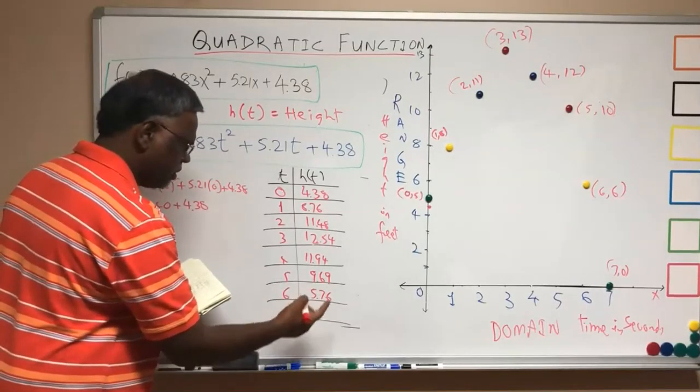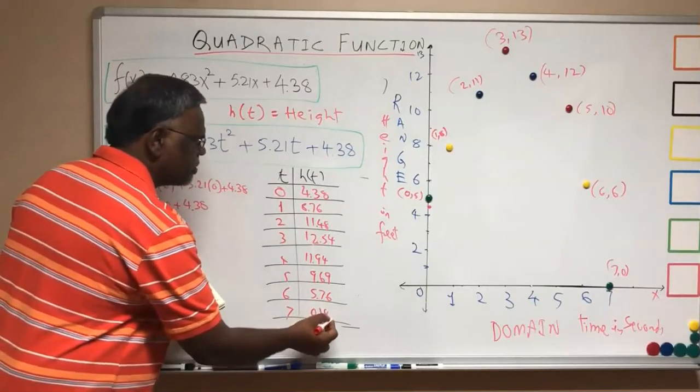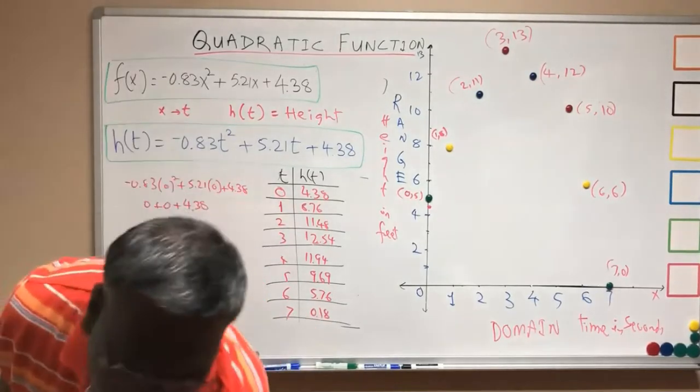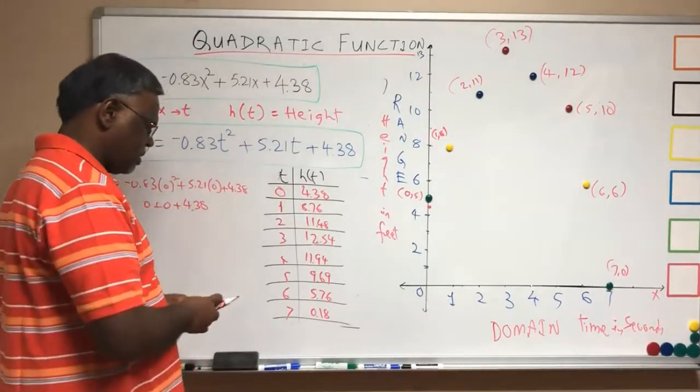For 7 it was 0 before, and now you have 0.18. So can you see the slight change in the values? Even for 0 it's not 5, and it's changing.